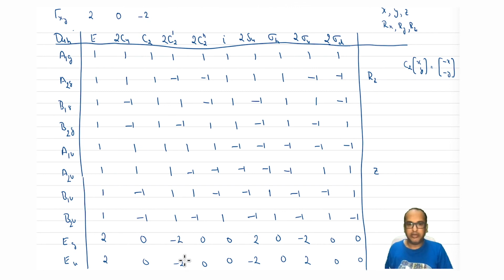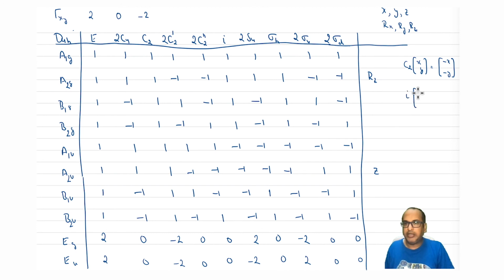That still does not differentiate between Eg and Eu, because so far we have seen 2, 0, -2, 2, 0, -2, and then here also it is 2, 0, -2. Actually, we should directly look at I, because I and sigma h are the only ones which differentiate between the two. So let us see the character under I.